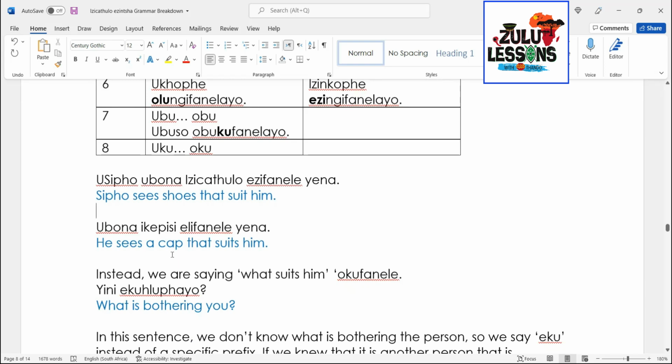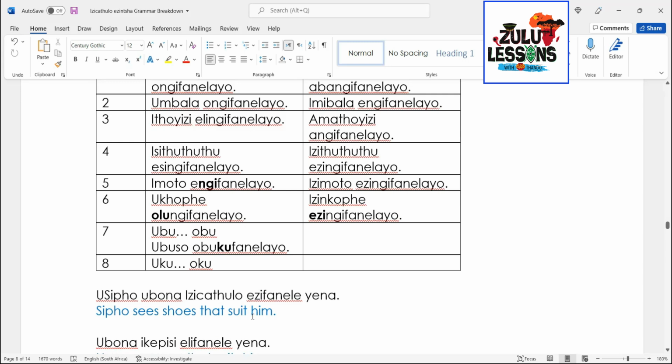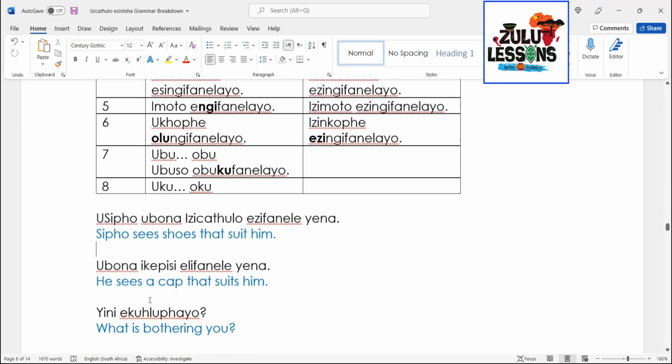He sees a cap that suits him. Do you see this ezi? This ezi is relating to izicathulo. Ubona ikepisi elifanele yena. He sees a cap that suits him.